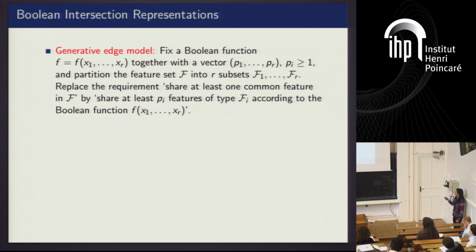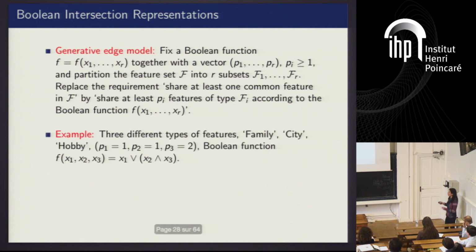You have a feature set F, you partition it into R subsets, and with each of these subsets, you associate one of the values P1 up to PR. And then you replace the requirement that elements in the same community, or vertices in the same community, share at least one common feature of F by saying that they share at least Pi features from a feature set of type Fi, according to the Boolean function that is given to you.